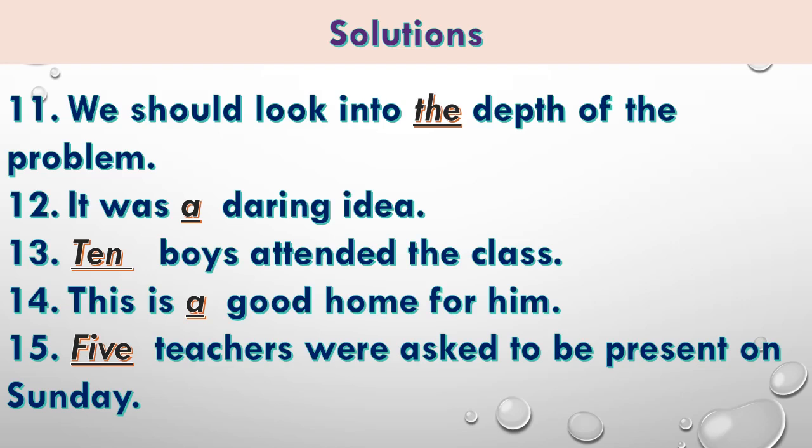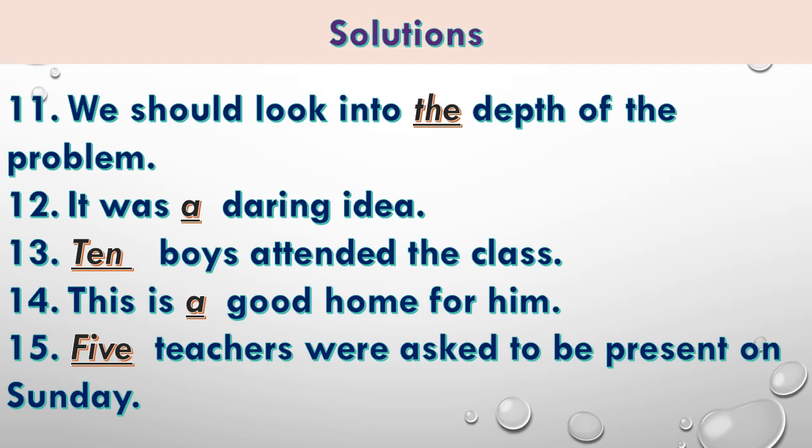Next is, this is a good home for him. Again, this is a general thing that this is a good home for him. So the indefinite article a is used here. 15th blank is 5 teachers were asked to present on Sunday.